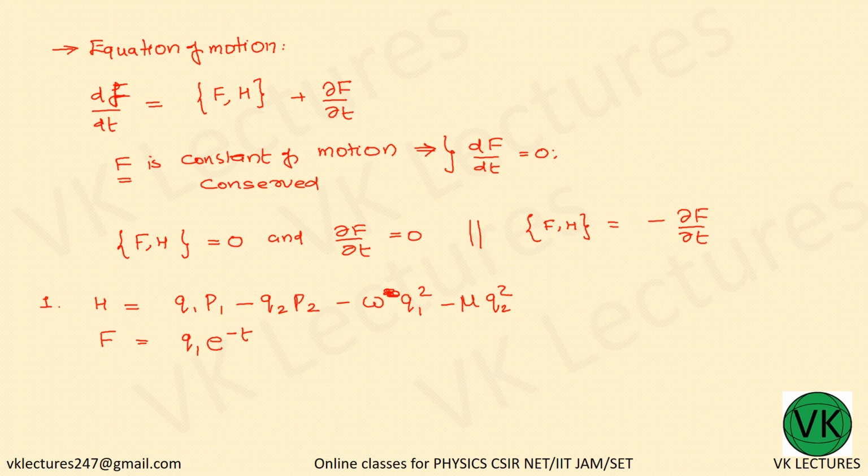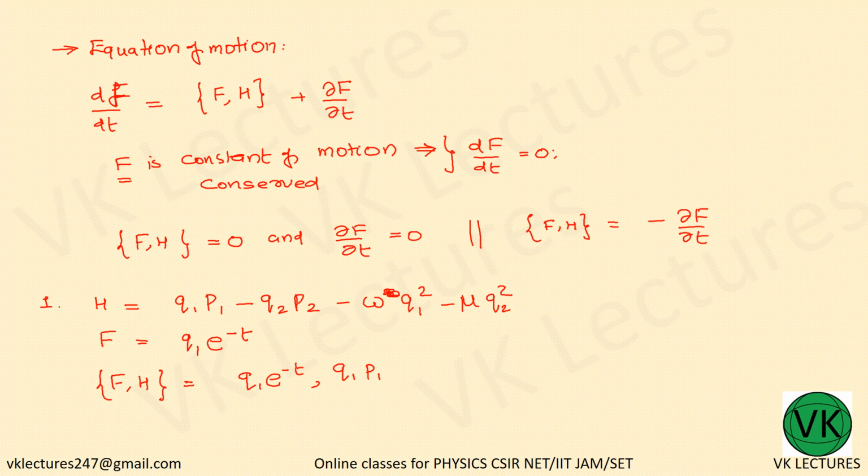That means we should first know {F, H}. So {F, H} is {q₁ e^(-t), H}. Wherever there is q₁, we can put it: q₁p₁. q₂ we do not require because it is a different term.